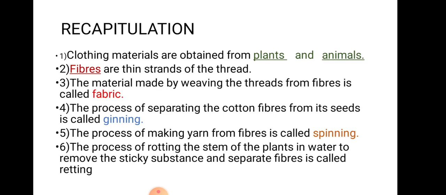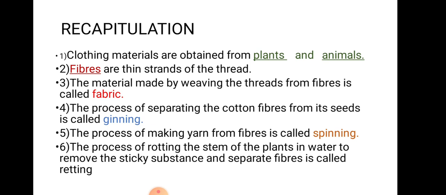Let's see what we have learned in this chapter. Clothing materials are obtained from plants and animals. Fibers are thin strands of thread. The material made by weaving the threads from fiber is called fabric. The process of separating the cotton fibers from its seeds is called ginning.